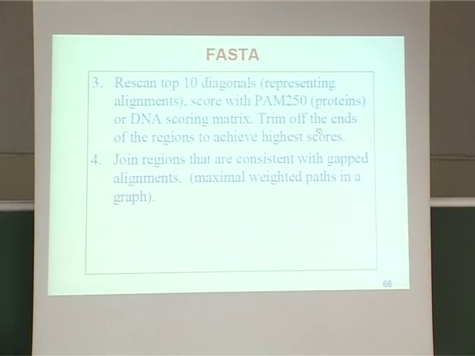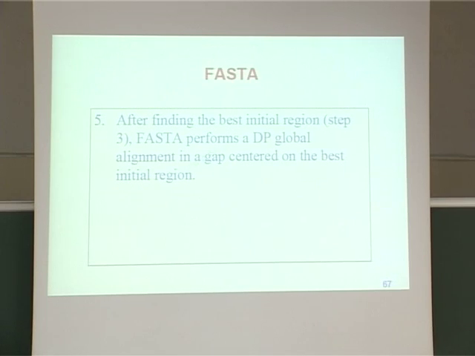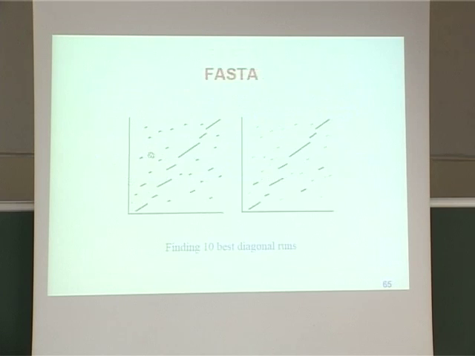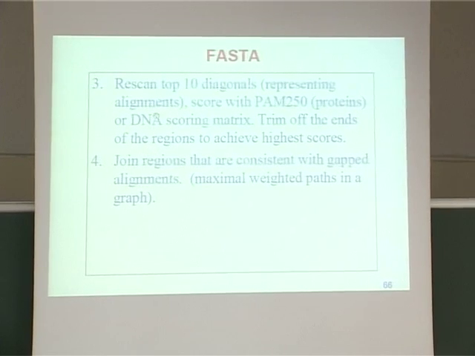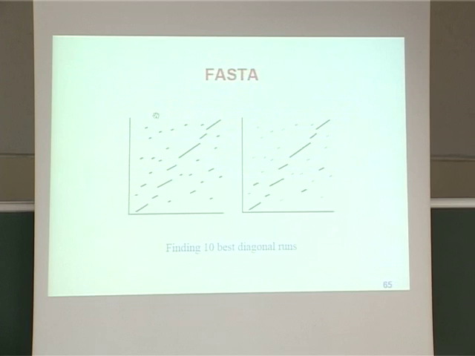After joining these regions that are consistent with gapped alignments, we run the dynamic programming global alignment centered on the best initial region. So after finding the best initial region, the matching sequences, we run the dynamic programming only in a narrow band around the initial region.